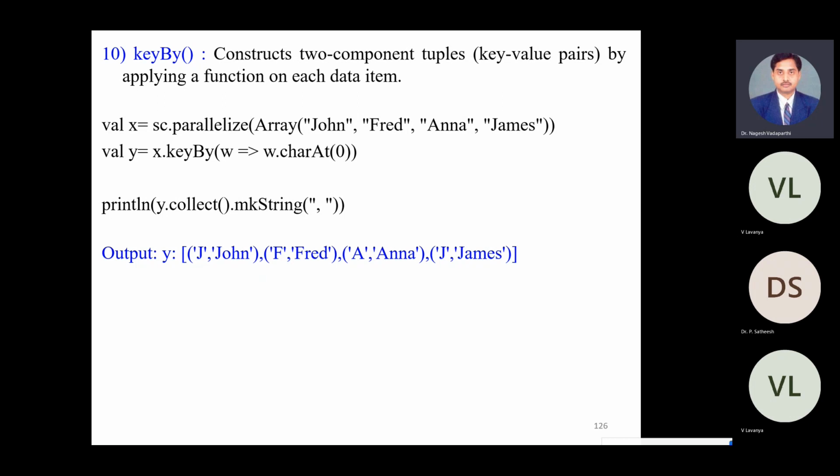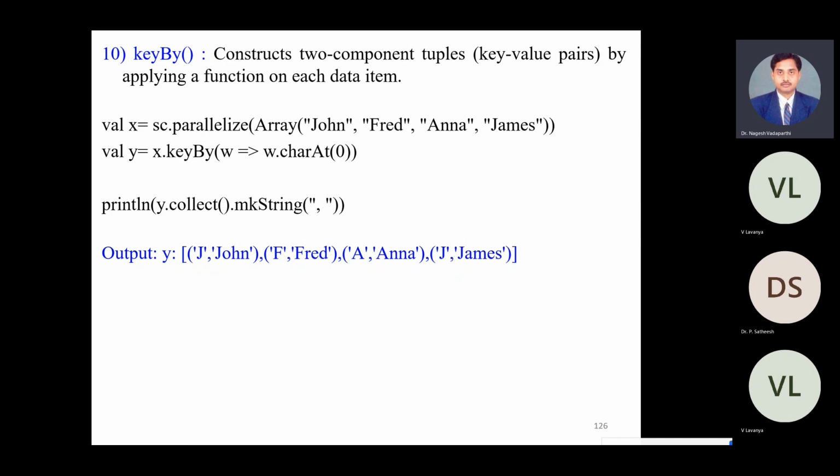Then keyBy. keyBy is a transformation function. It returns a new RDD with distinct elements within a source RDD. Now the x value I am taking as input: sc.parallelize of my array consisting of John, Fred, Anna, James.